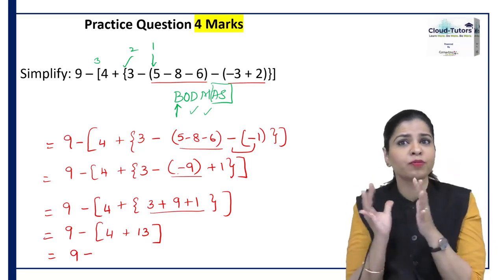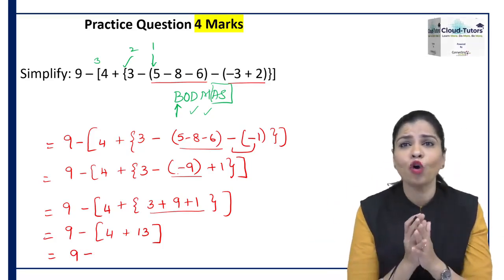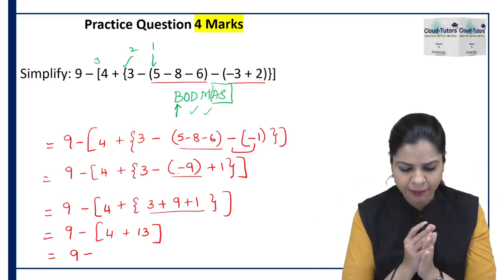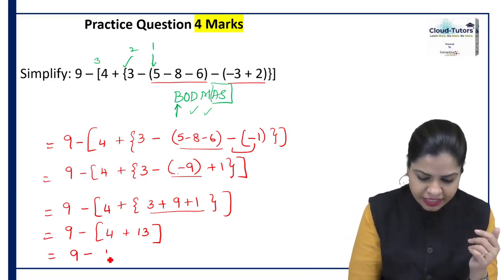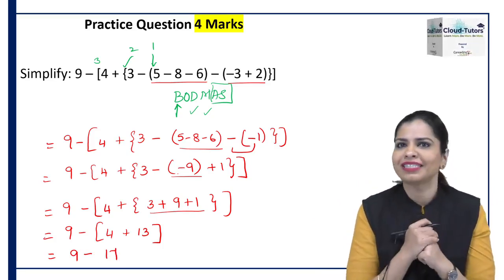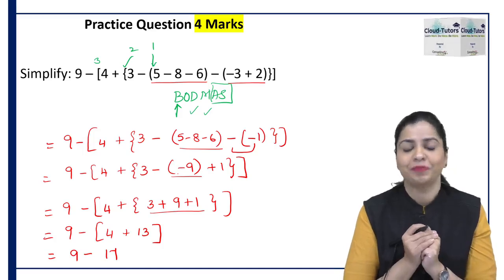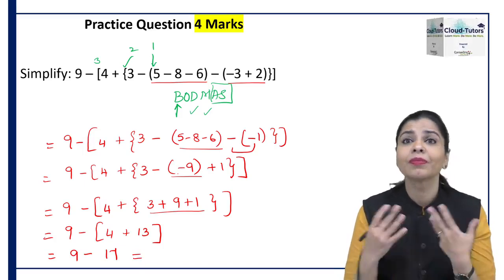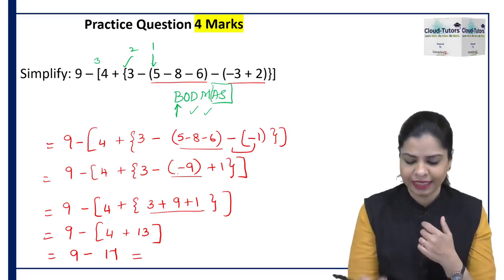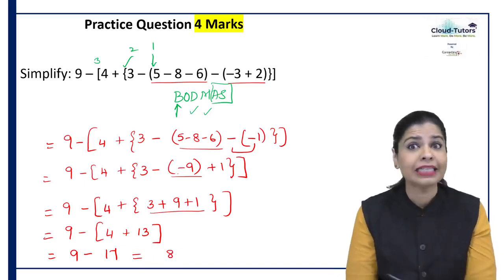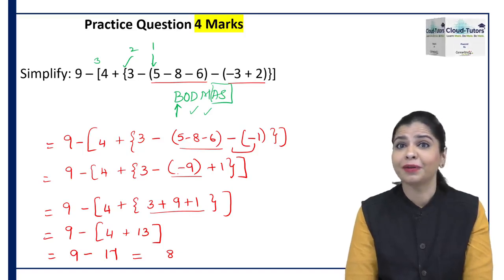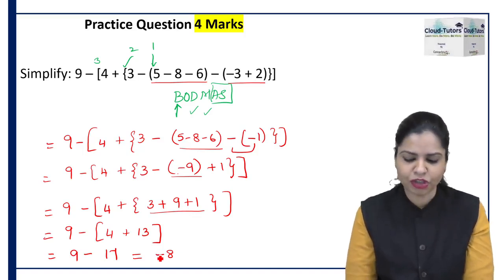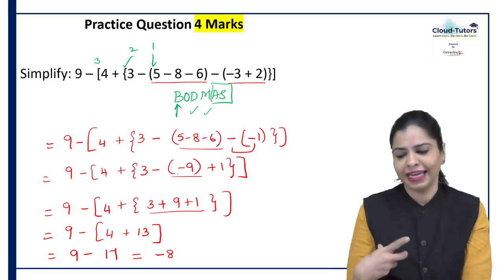First we have to perform the operation which is inside the bracket. That is 4 plus 13. What will that be? 13 plus 4 is 17. Now tell me, what is 9 minus 17? Subtract it quickly. It would be 8. Is it plus 8 or minus 8? Good job. It is negative 8.